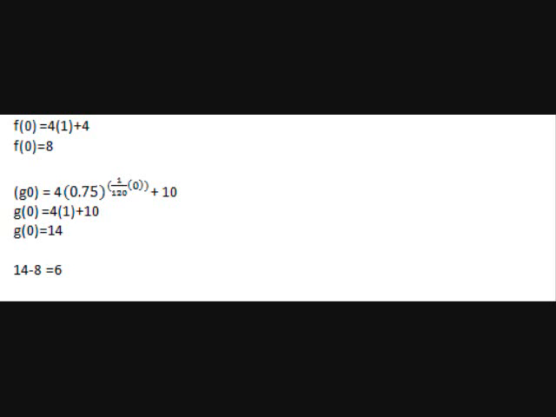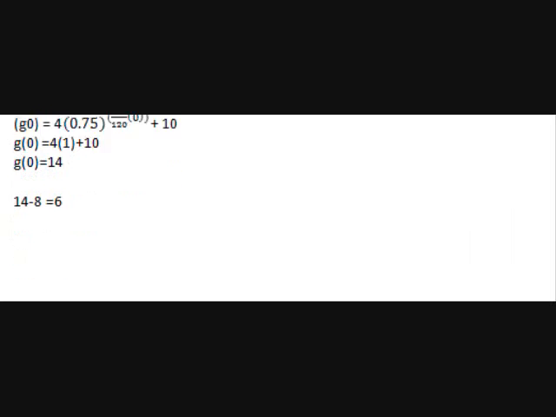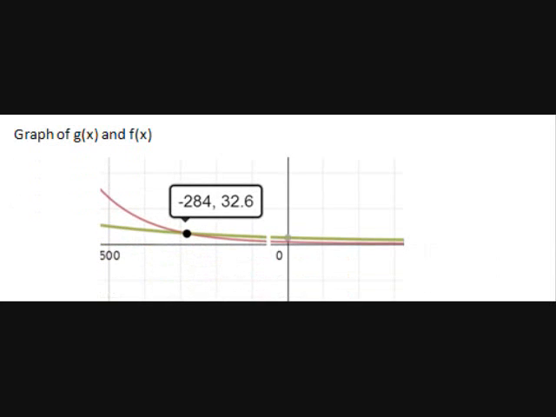Now the individual did not tell me how I could check my point of intersection x value to see if it's large enough or not, so I went ahead and just graphed it, and right over here is the graph of both functions. As you can see, the point of intersection is at negative 284 and 32.6.